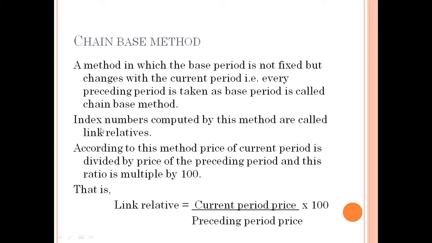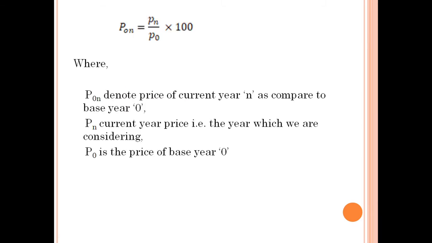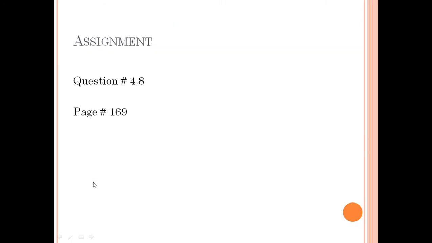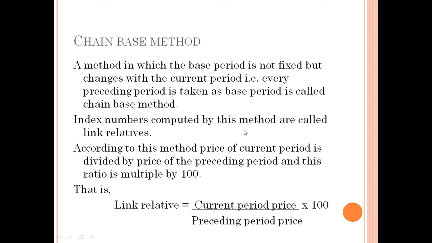We'll see how the index number computed by this method is called link relative. Index numbers computed by the fixed base method were called price relatives, but now index numbers computed by the chain base method are called link relatives. According to this method, the price of the current period is divided by the price of the preceding period, and this ratio is multiplied by 100.